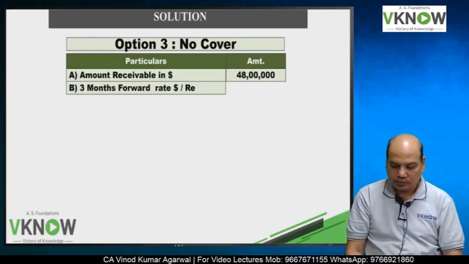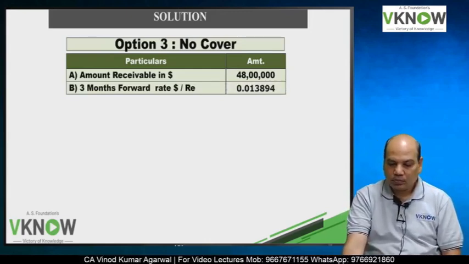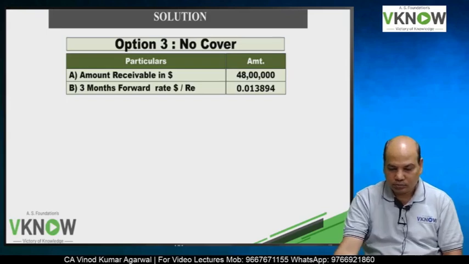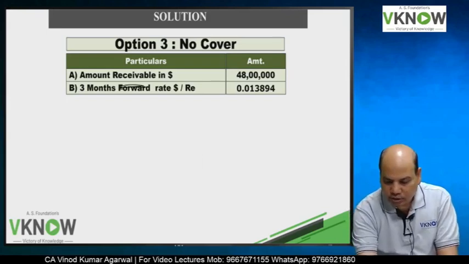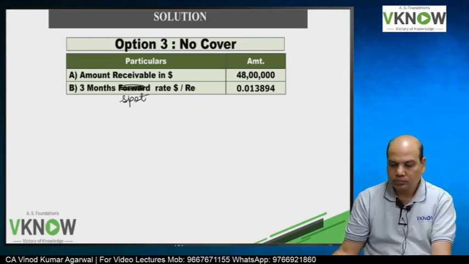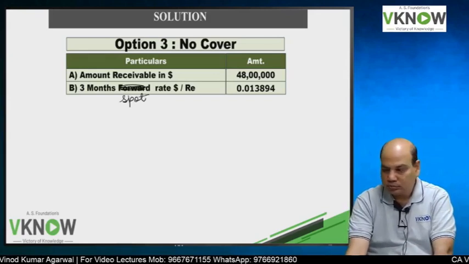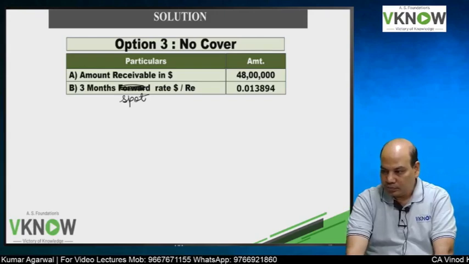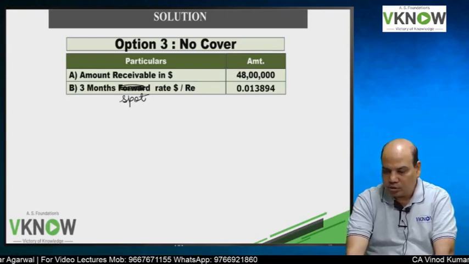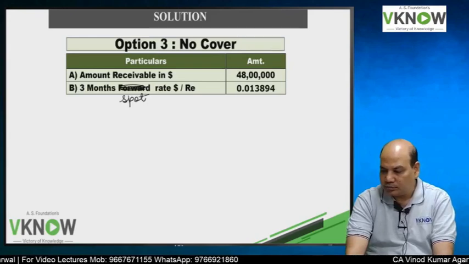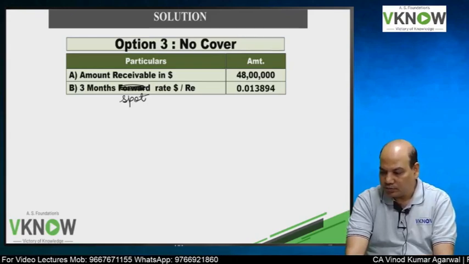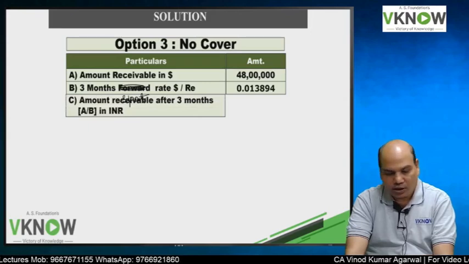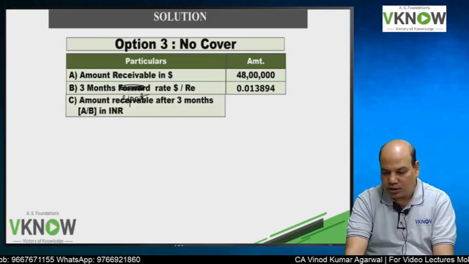Point B, write down the 3-month spot rate, or you can write spot rate after 3 months. Spot rate after 3 months is 0.013894. So what is the amount receivable after 3 months in INR?